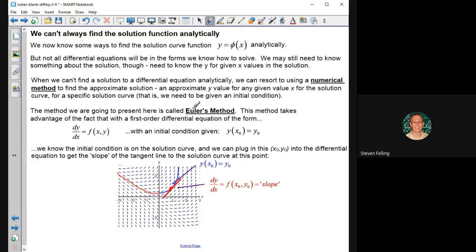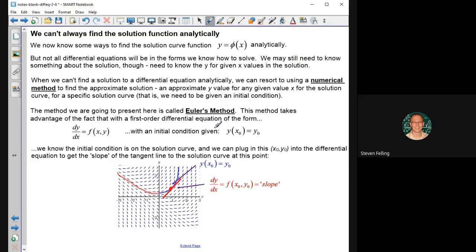But it's the simplest method, and it's a good way to illustrate the general idea of how these methods work. Okay, so this particular method, Euler's method, takes advantage of the fact that when you have a first order differential equation, where you can put everything on the right-hand side except for the dy/dx over here, then that means the right-hand side represents the slope at some particular x, y point.